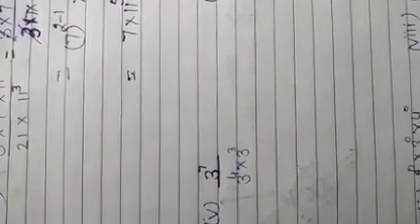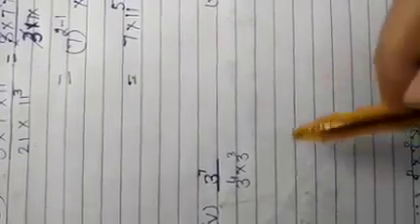So what will you do? You have to use the identity x raised to the power m multiply x raised to the power n. That is equal to x raised to the power m plus n. So let us apply this identity here. What do we get?